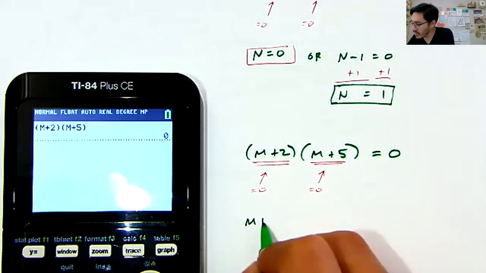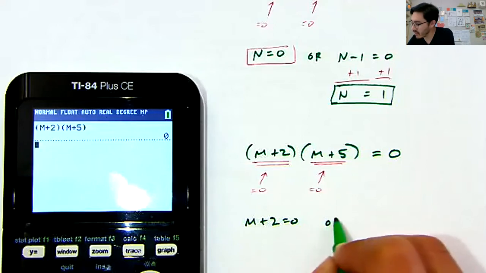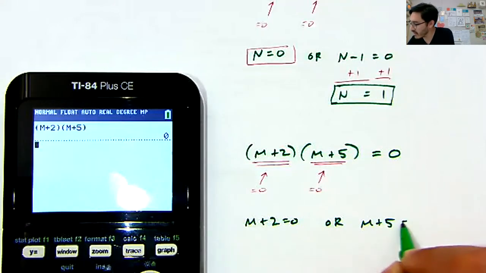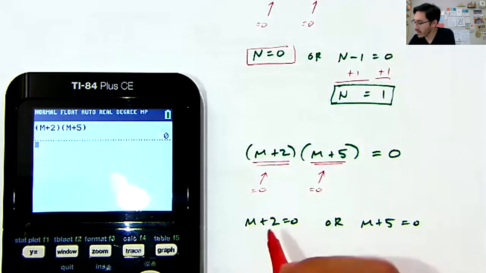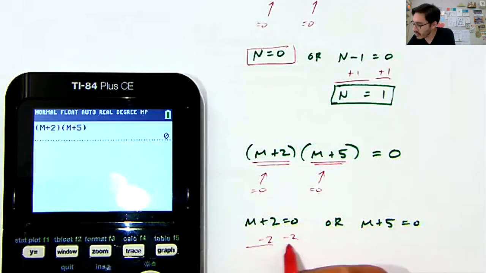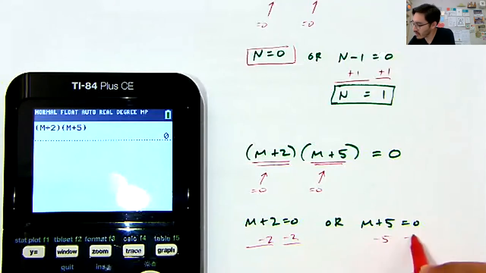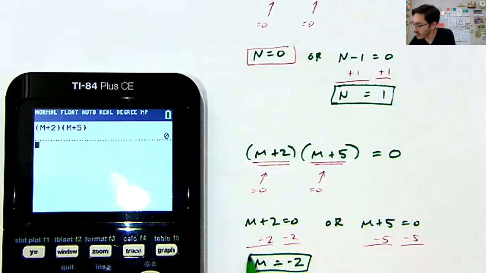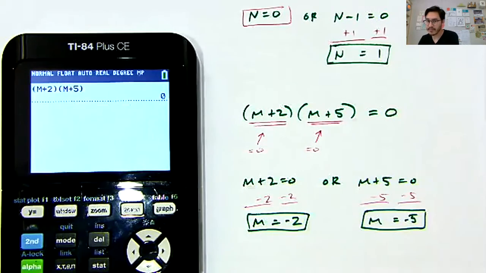Maybe the expression m plus 2 is 0, or perhaps the expression m plus 5 is equal to 0. We'll subtract 2 from both sides there, and subtract 5 from both sides there. And so we get m equals -2 or m equals -5.